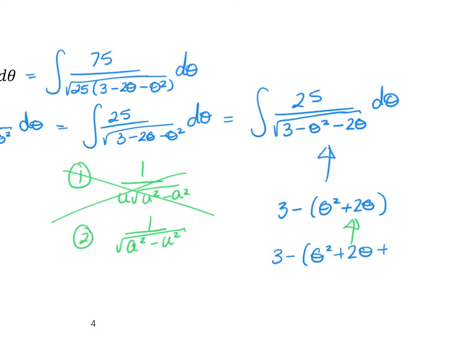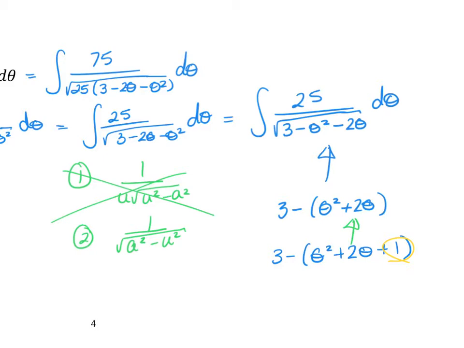To complete the square, I take the 2, divide by 2, and square it. That's what I need to do to complete the square. But I can't arbitrarily just add that 1. I'm not allowed to just arbitrarily add that 1, because if I just arbitrarily add this 1 right here, then I have changed the value of what's underneath that square root.